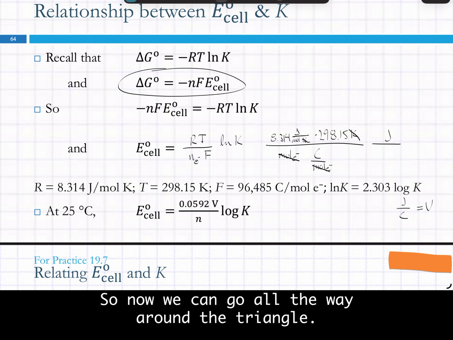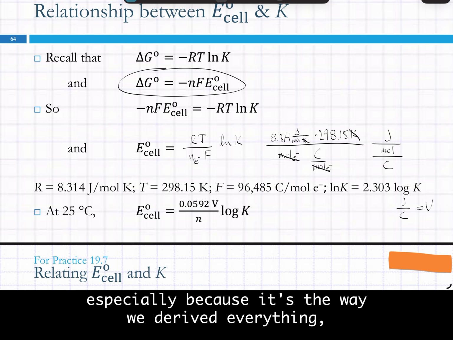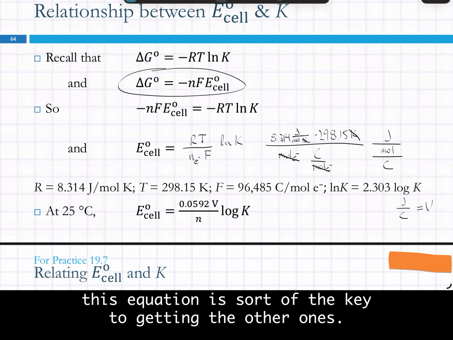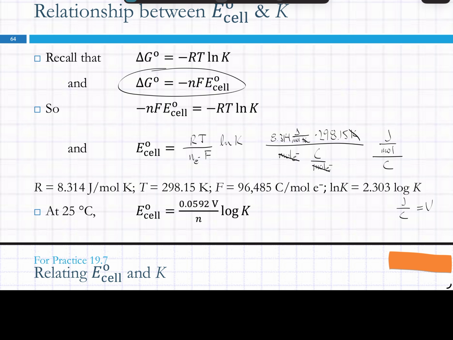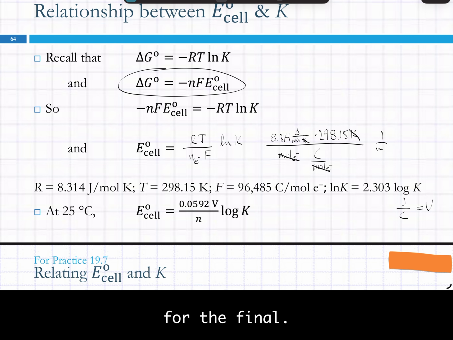All right, so now we can go all the way around the triangle. In my opinion, especially because it's the way we derived everything, this equation is sort of the key to getting the other ones. I will sometime this week give you a sheet of all the equations I'll give you for the final.